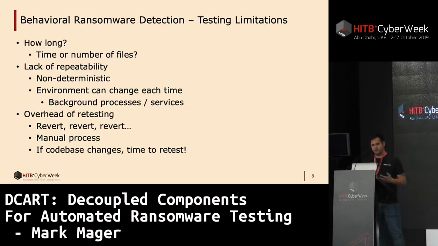And if you're trying to determine speed to detect in terms of number of files that need to be encrypted before an alert is generated, or some other metrics in order to do performance testing on your framework, those metrics are going to be unreliable just because of the changing nature of all the background noise.